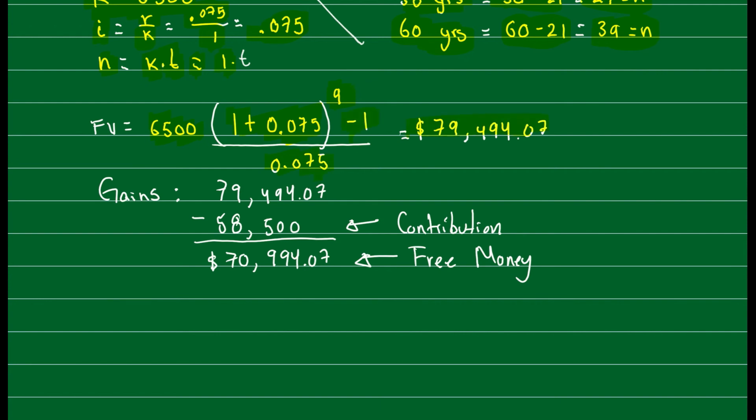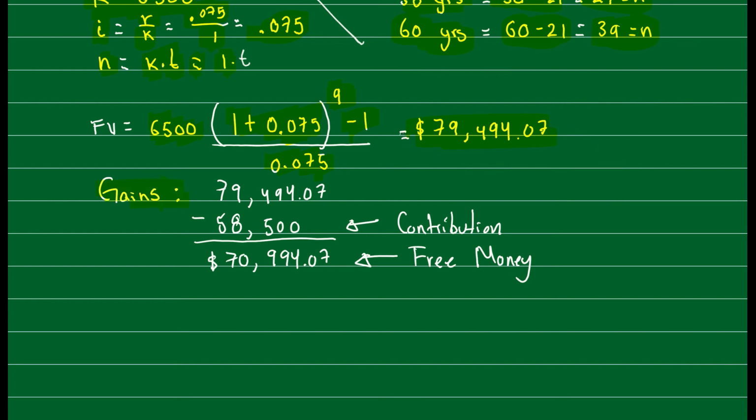The total value of this one is $79,494.07. So if Mr. Pythagoras checks the retirement account after 9 years, if he's been a good investor and doesn't try to buy low and sell high and just leaves the money there, he will have $79,494.